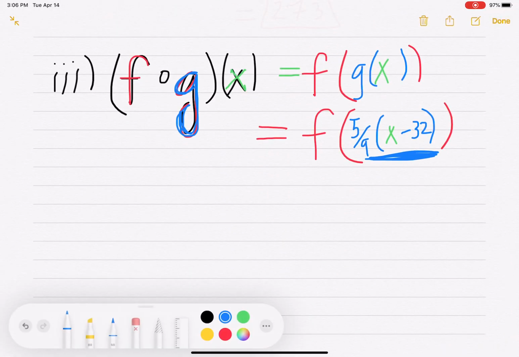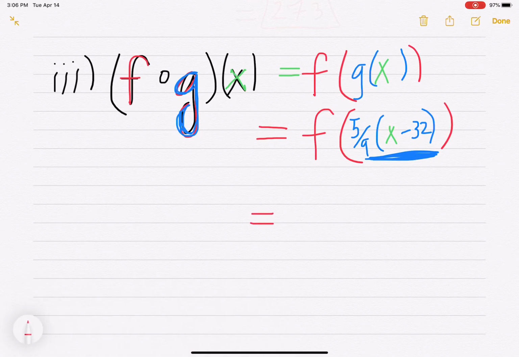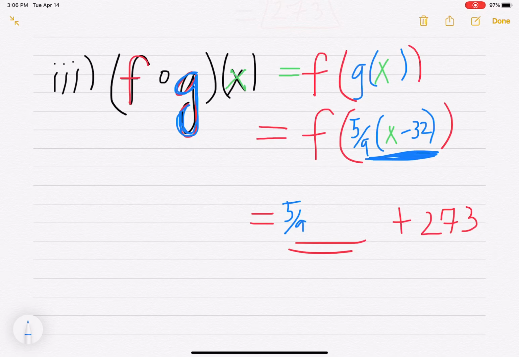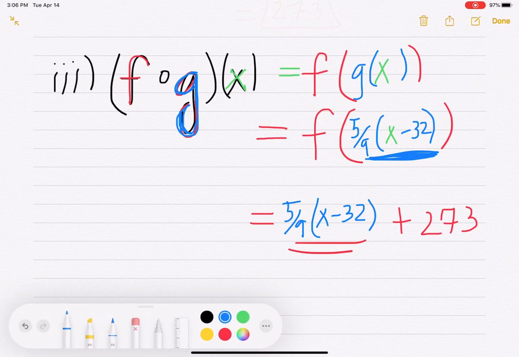So you're going to have a blank plus 273. And in place of the X, right here we had an X, right? You're going to put the whole blue dude, 5/9 X minus 32. That'll become your input. All right, so there we are.